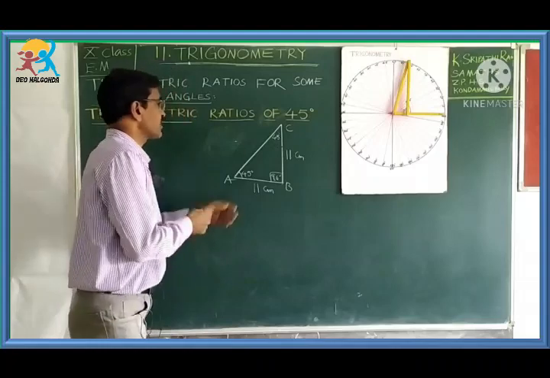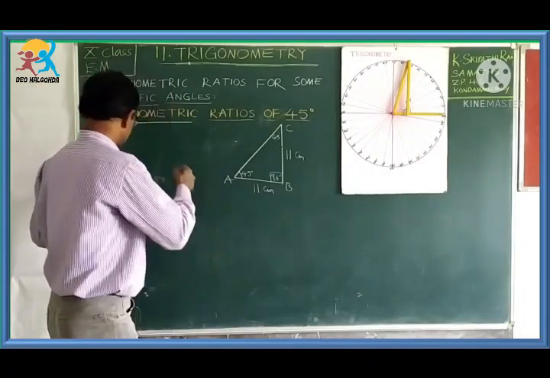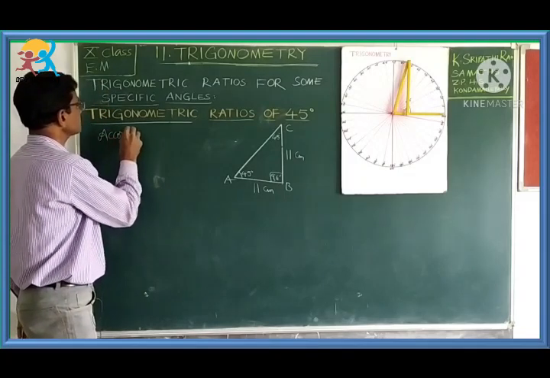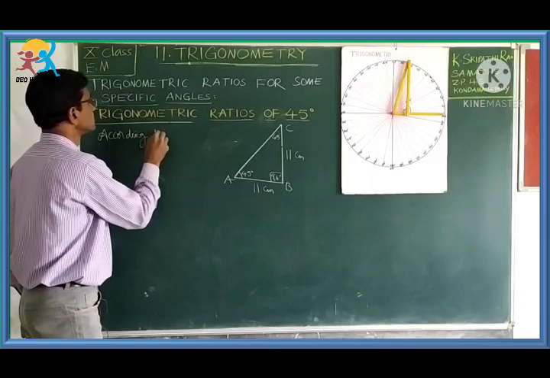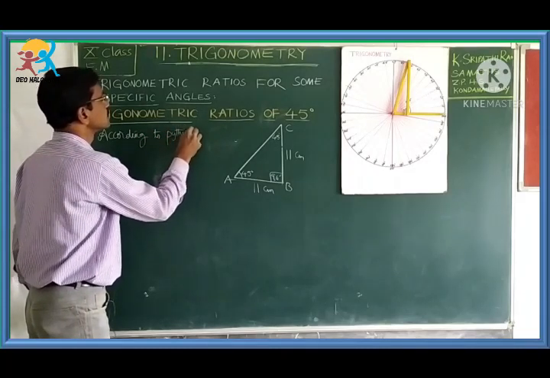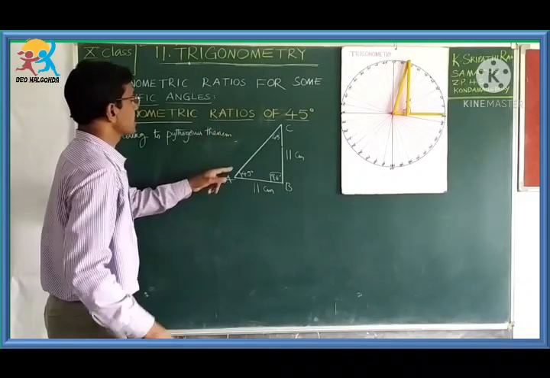Let us find the hypotenuse by using Pythagoras theorem. Here according to Pythagoras theorem, we know Pythagoras theorem. Hypotenuse square.